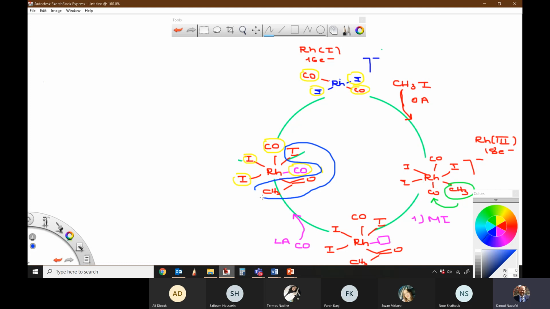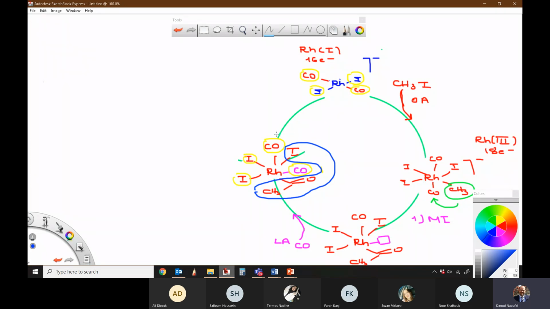Pay attention, in the oxidative addition we add XY, so we obtain MX and MY, and X and Y are two anionic ligands. So this is I minus anionic, and this is CH3CO minus, this is anion.